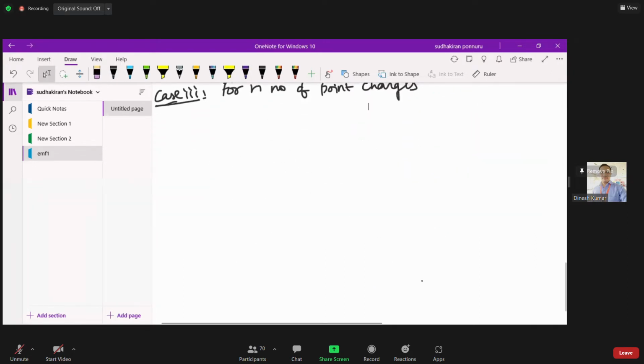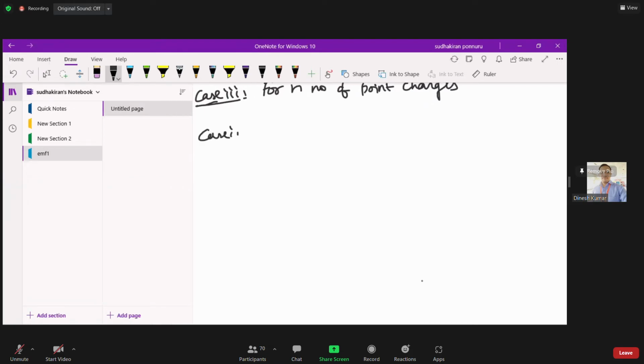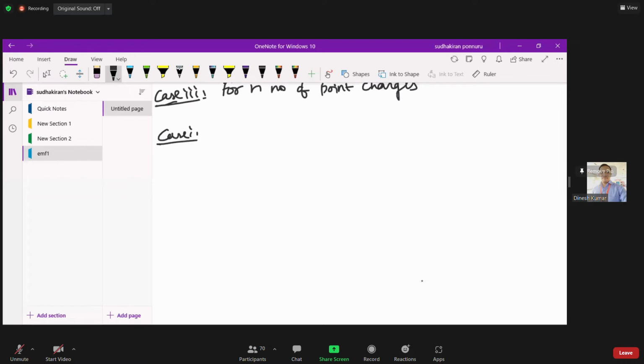Now for case 1. What is case 1? Case 1 is nothing but if the point charge is located at origin.